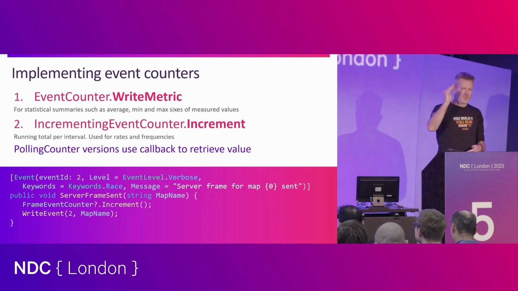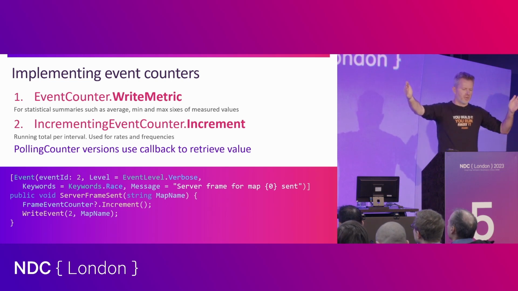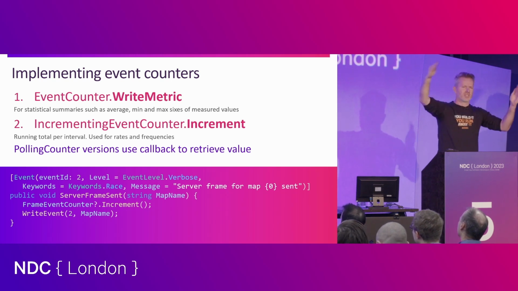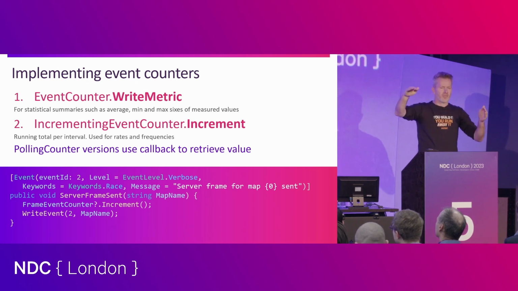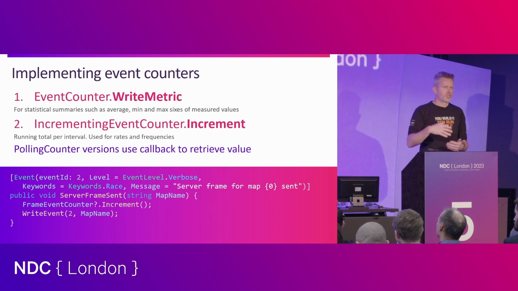So you give it values and it can see the trends and it can do averages or statistical things on a time series. So we can say, okay, what was the max and the minimum inside this time period? What are the averages? The IncrementingEventCounter is more about rates and frequencies. So you can see certain rates of how fast things are happening. So it's per time.